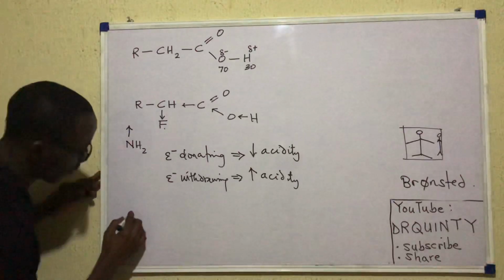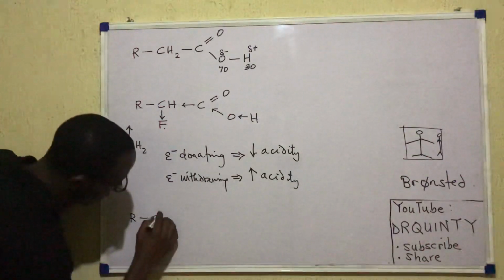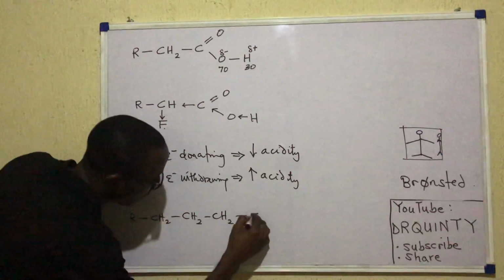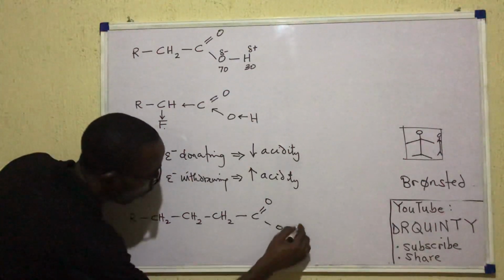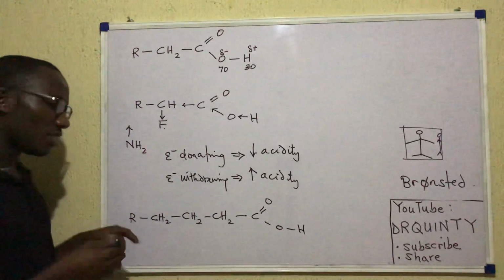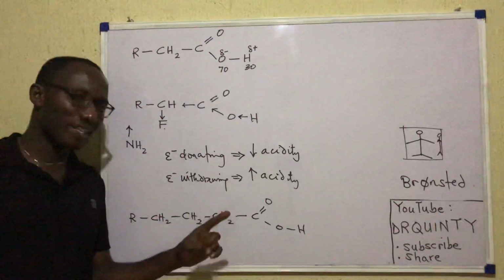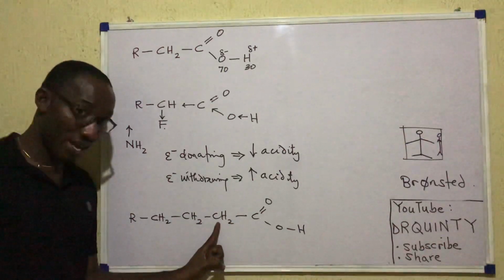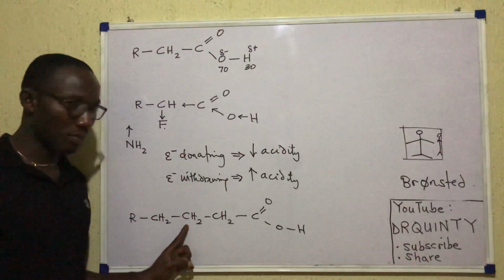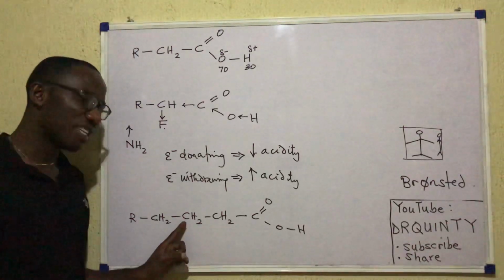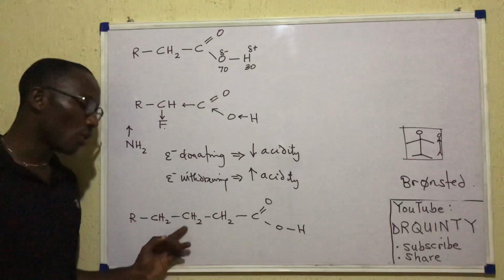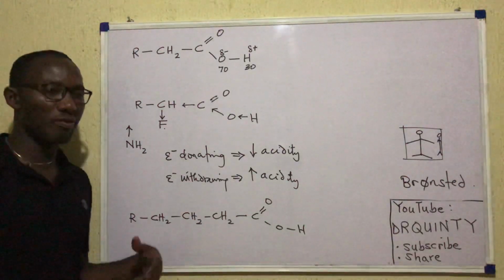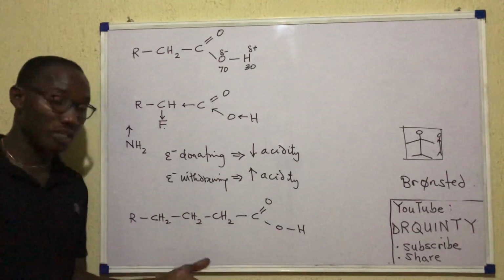Also, if you have a case like this one, R, CH2, CH2, CH2, and COOH, acidity will be more greatly affected, more greatly increased if you put your F here than if you put it there, because in this case the inductive effect of the F will have to travel through a longer distance, and generally inductive effects die away with distance.